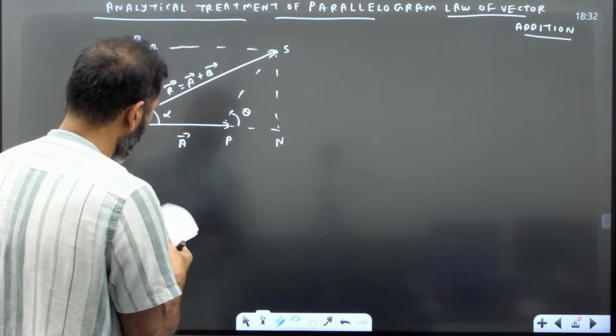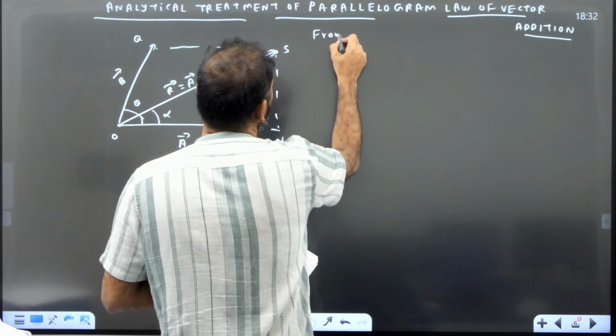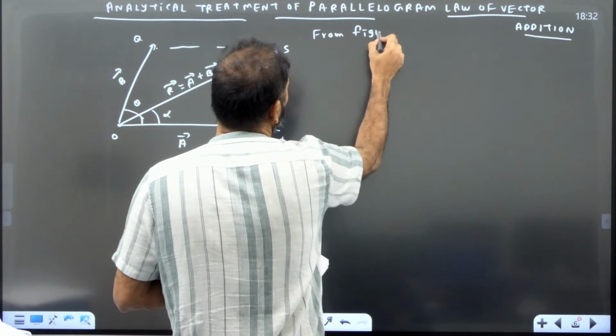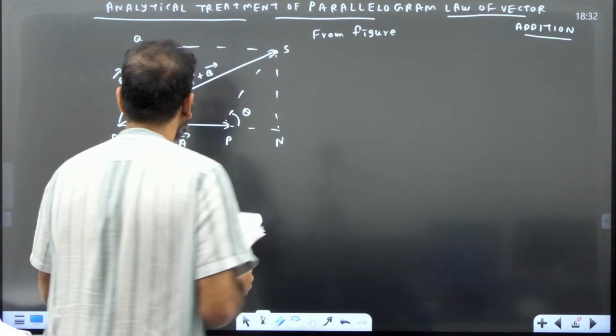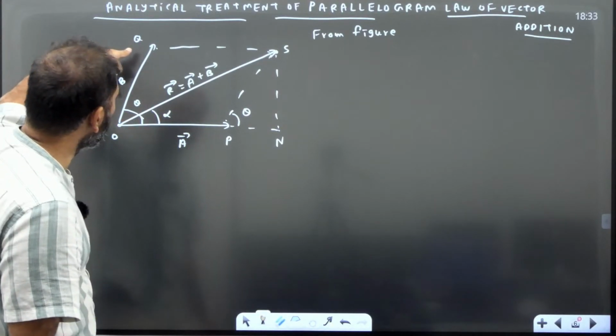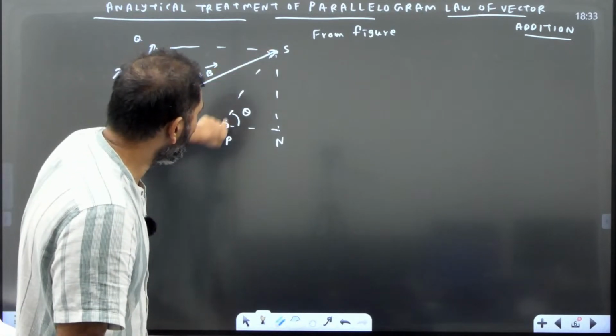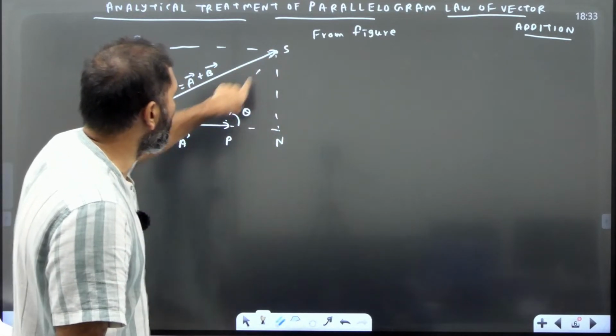Now, from figure, now let me explain the figure. OP is A vector, OQ is B vector, OS is the resultant. There is another right angle triangle here, PNS.